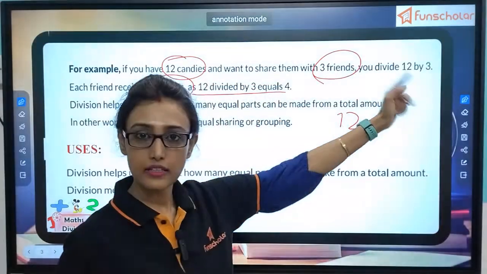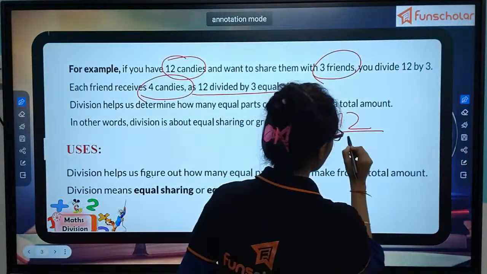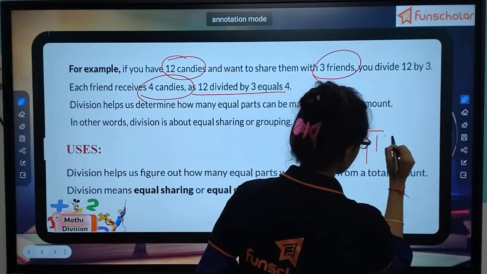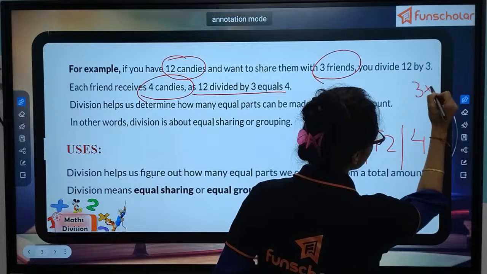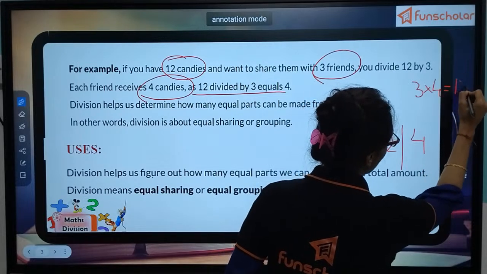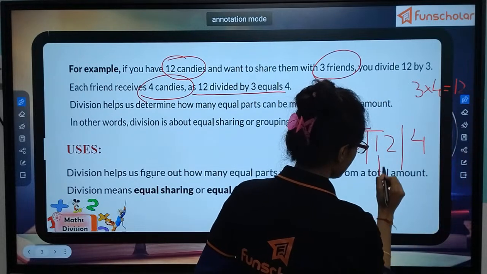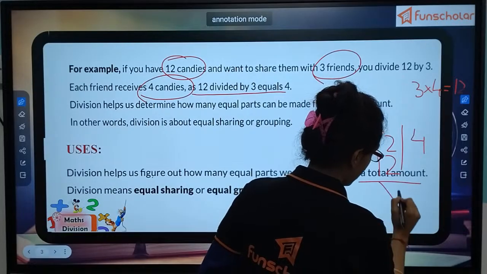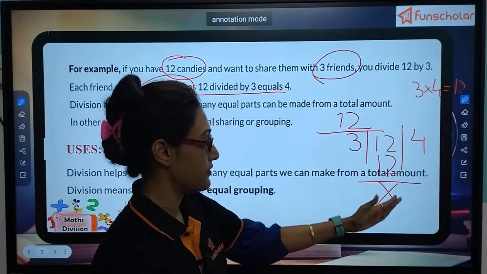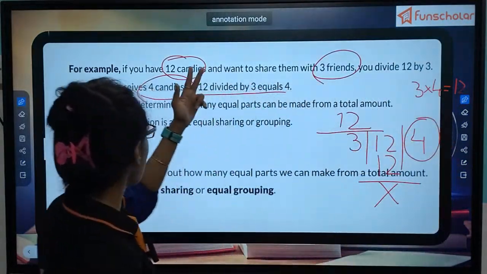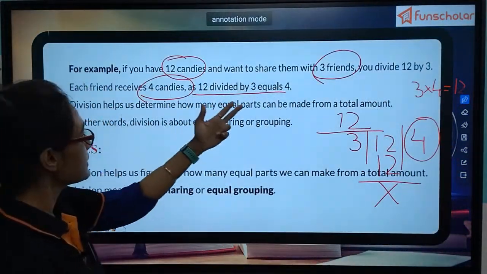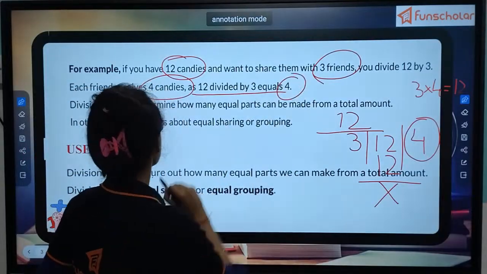And how many friends are there? 3. So you will divide 12 by 3. So 3 into 4, 3 into 4 equals 12. So 3 fours are, you will write 12. And there is nothing left. So each of them will get 4 candies. See, each of them got 4 candies.